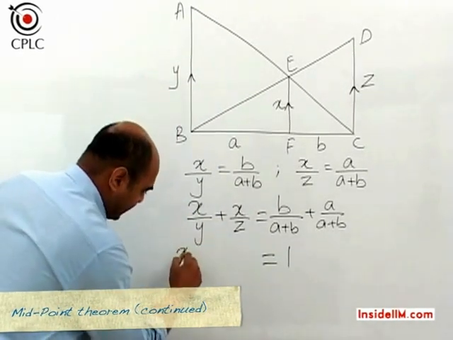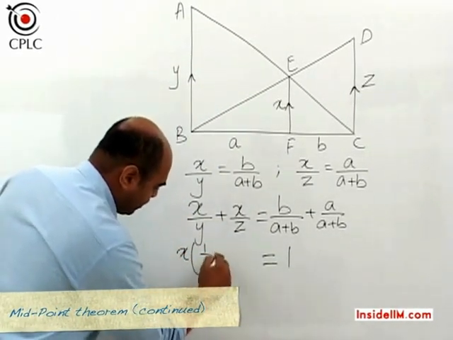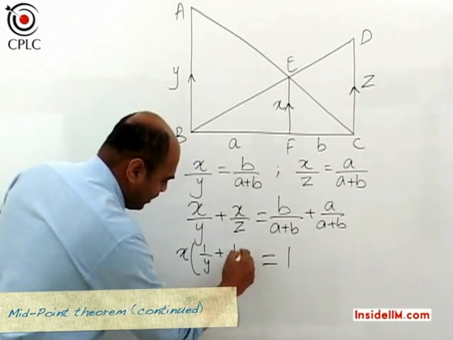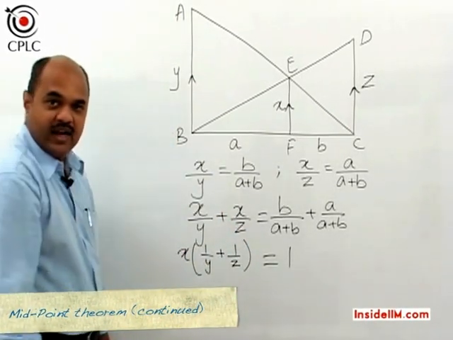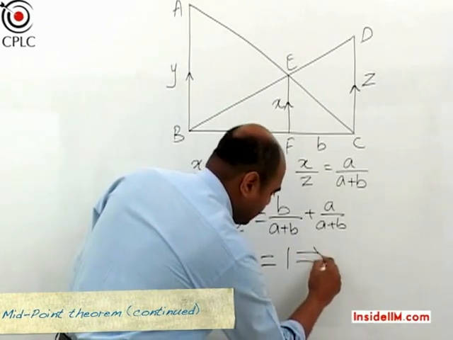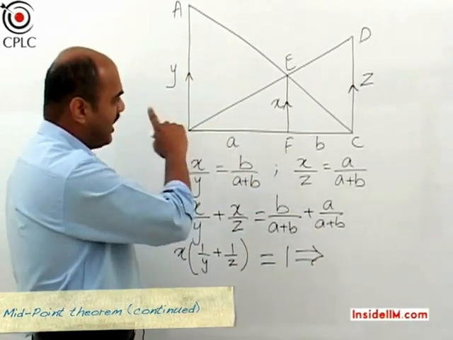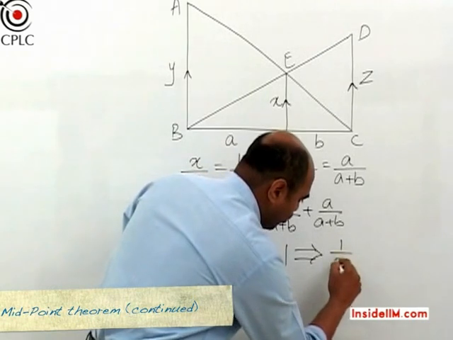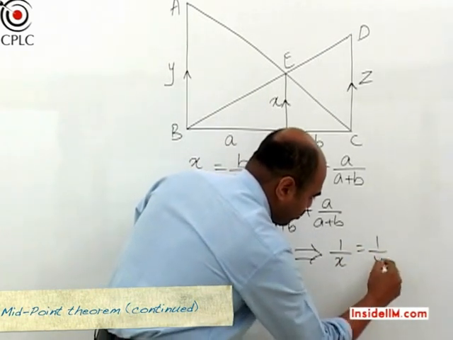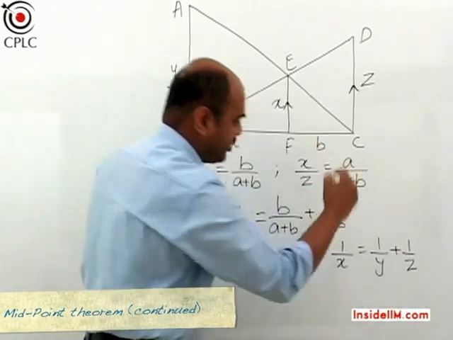On the left hand side, if I take x common, I would get into brackets 1 upon y plus 1 upon z, and hence the final relationship between x, y and z would be 1 upon x is equal to 1 upon y plus 1 upon z.